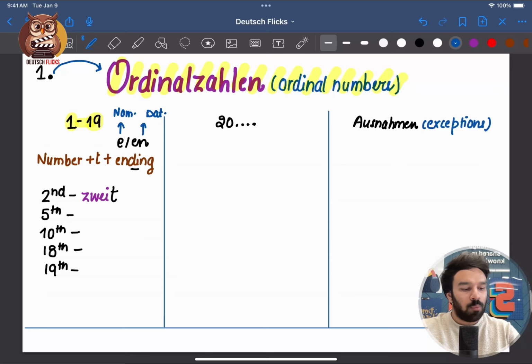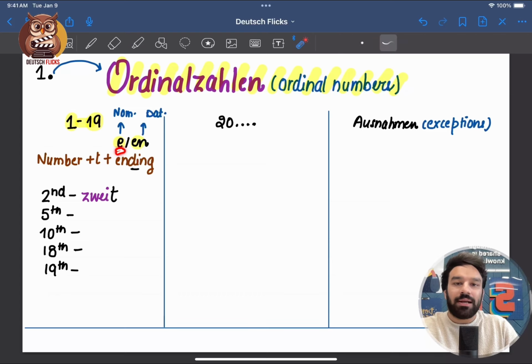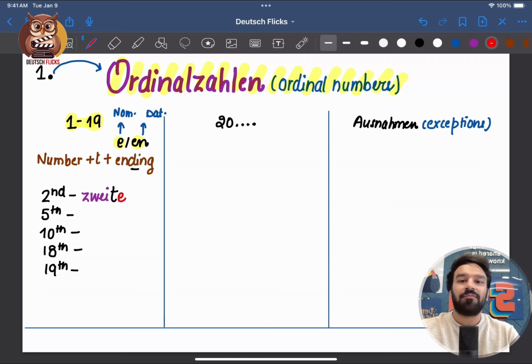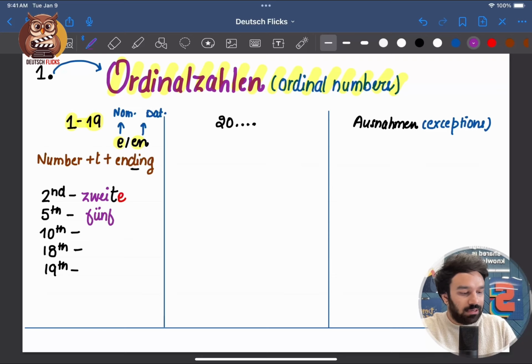These are the two popular endings, E or en. And on this page, I will take nominative case E as an ending. So it becomes zweite. Now number 5th: all I have to do is write the number 5, then end it with T and ending E. So it becomes fünfte.